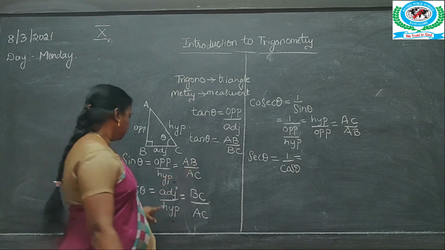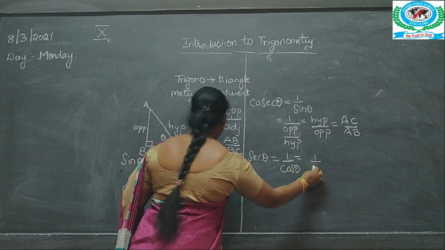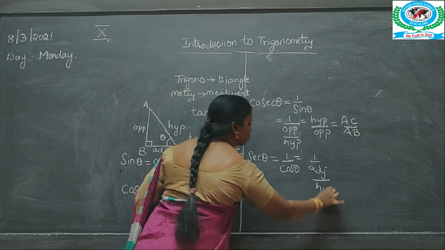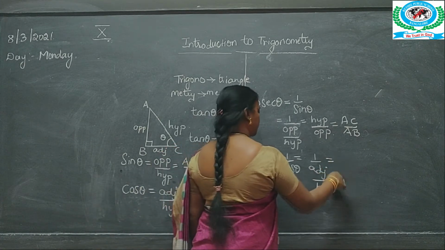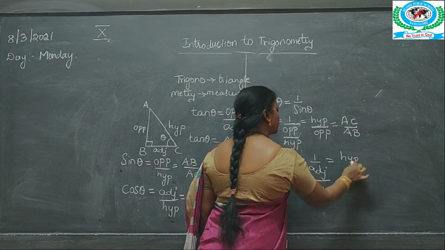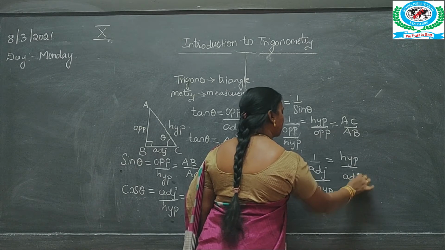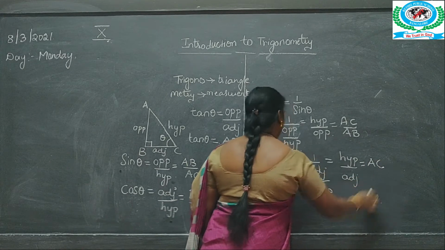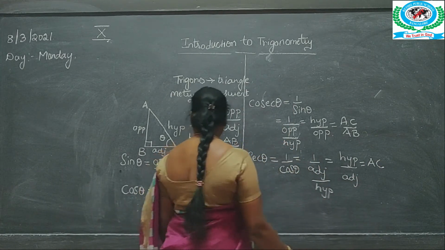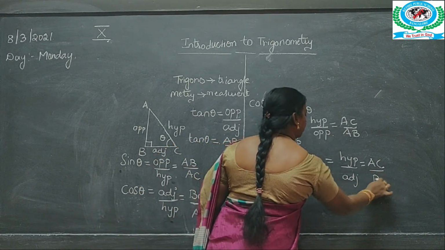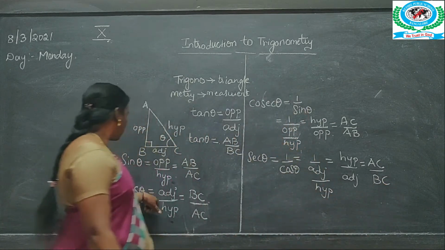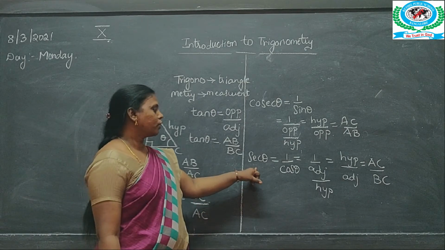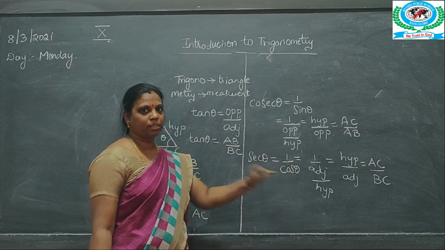Here the hypotenuse is AC and the opposite is AB. So 1 by adjacent by hypotenuse becomes hypotenuse by adjacent. The hypotenuse is AC and the adjacent is BC. See here, cos of theta is BC by AC, whereas secant of theta is AC by BC.